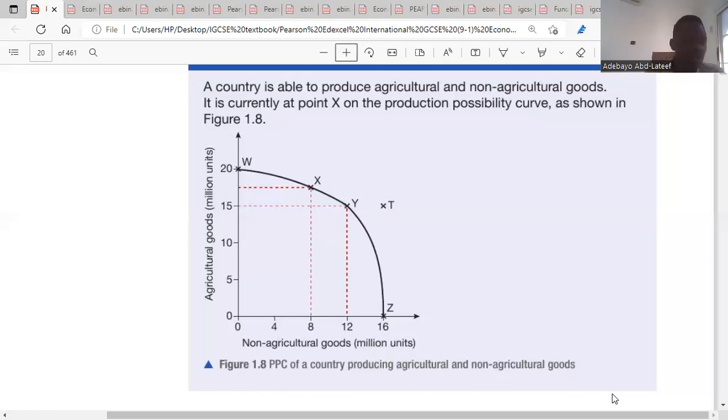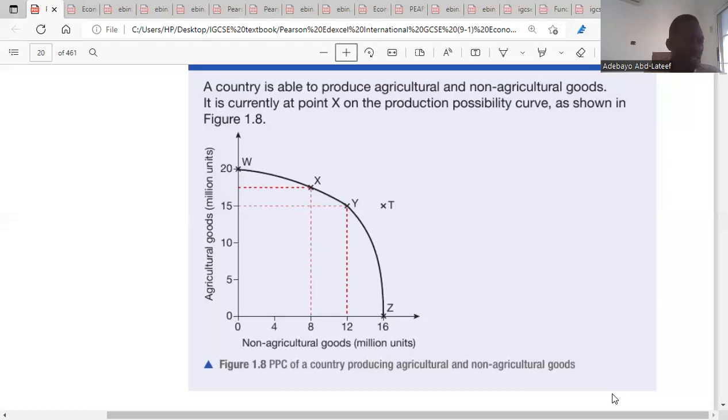2.5 million agricultural goods has been sacrificed. 4 million non-agricultural goods has been produced. So what is the opportunity cost? What is opportunity cost? Opportunity cost is the next best alternative forgone. The cost of the next best alternative forgone. The sacrifice you made because you are making a choice.